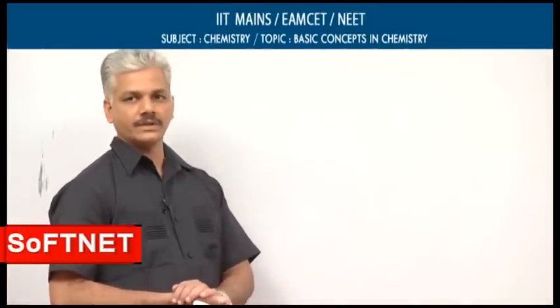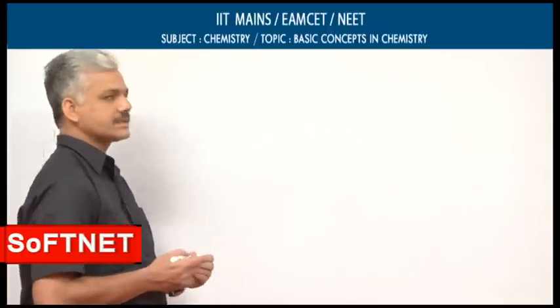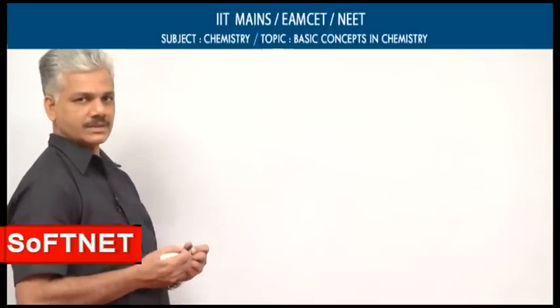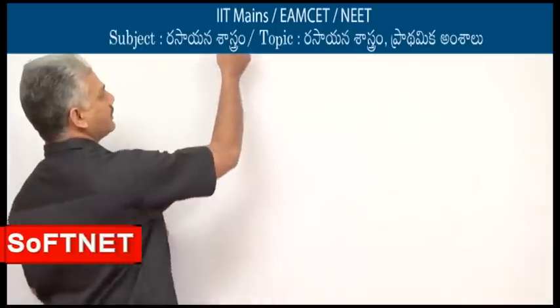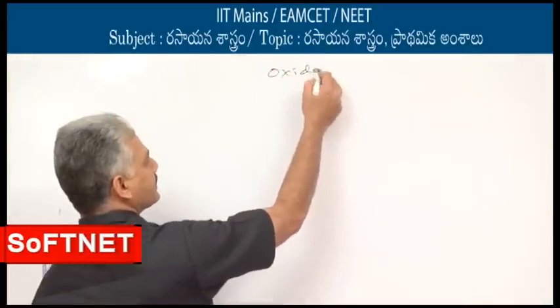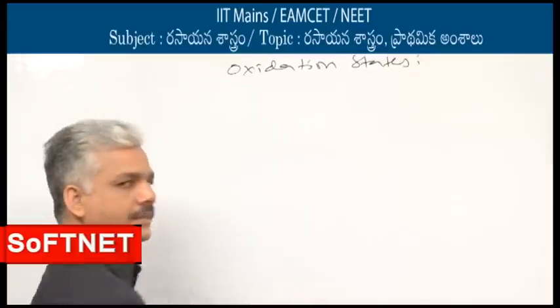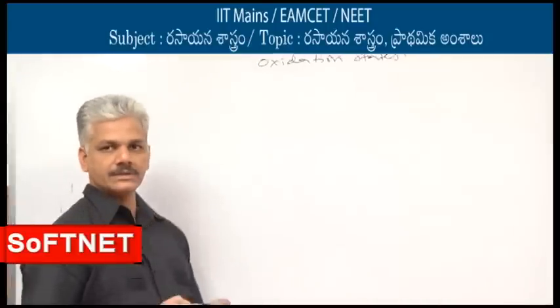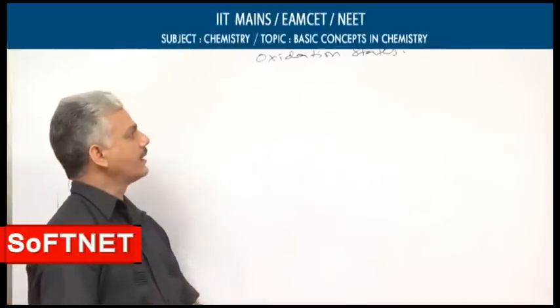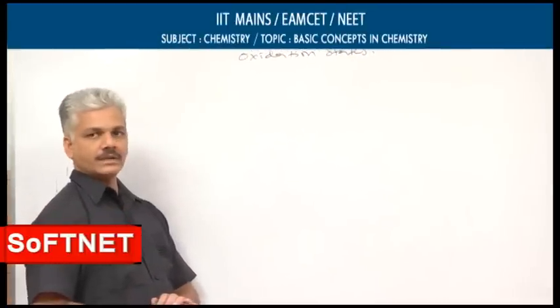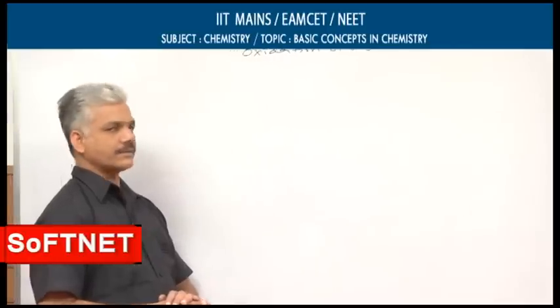Now, moving on further, the next concept in this stoichiometry or basic concepts of chemistry is the calculation of oxidation states. What is meant by oxidation state? During the formation of a compound, an element combines with a specific number of atoms of other elements.